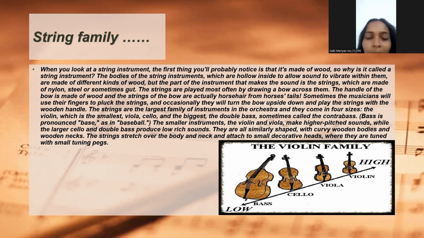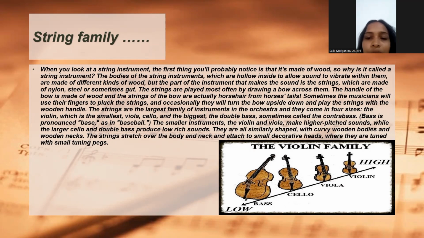The strings are played most often by drawing a bow across them. The handle of the bow is made of wood and the strings of the bow are actually horsehair from horses' tails.